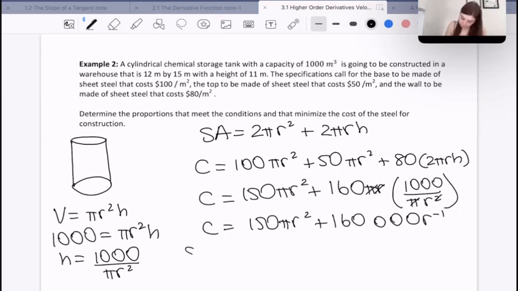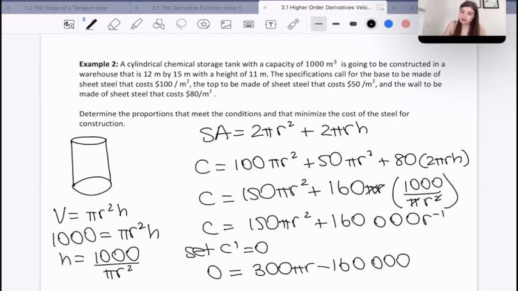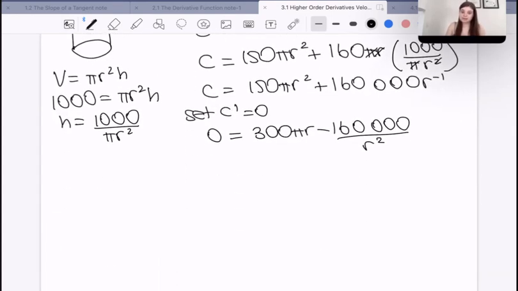So let's set c prime equal to 0. Therefore 0 would be 300 pi r minus 160,000 r to the minus 2, which is the same as over r squared. So what does that mean?